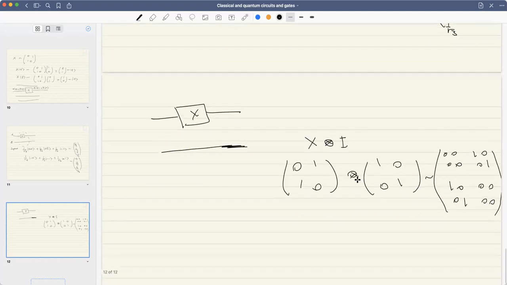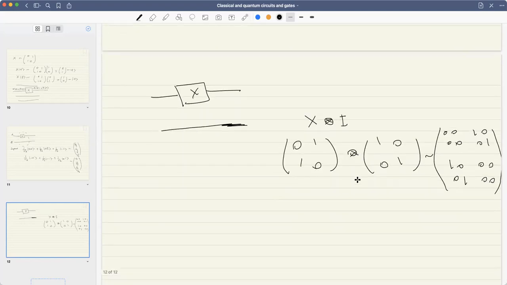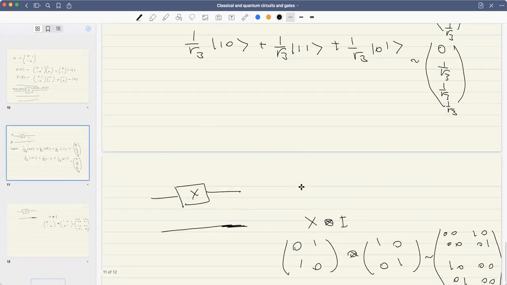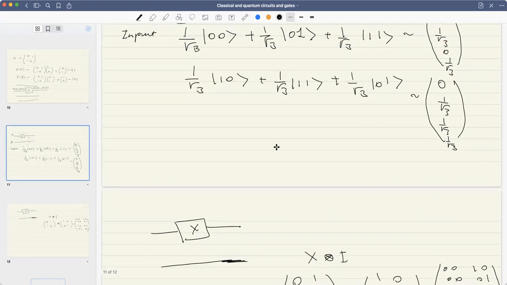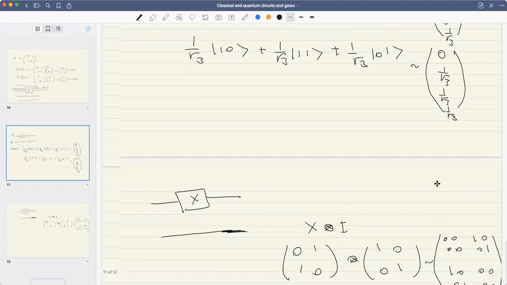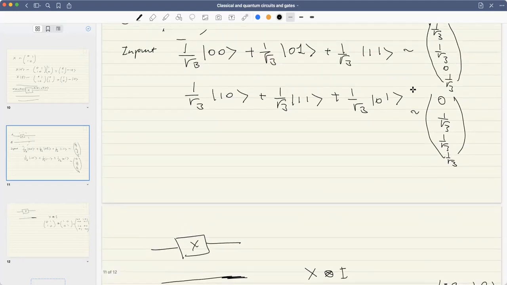So that's the action. And then we can check easily that on any state for 2 qubits, it acts as it should.